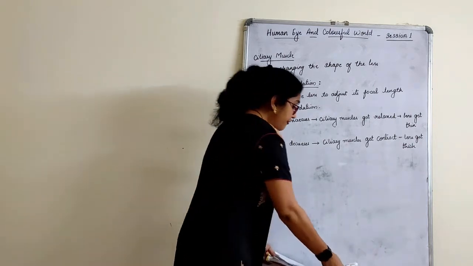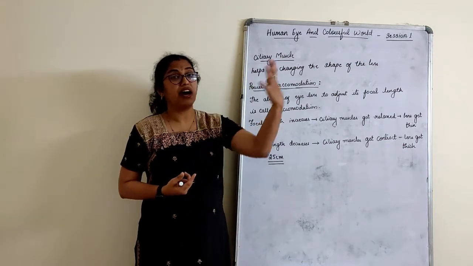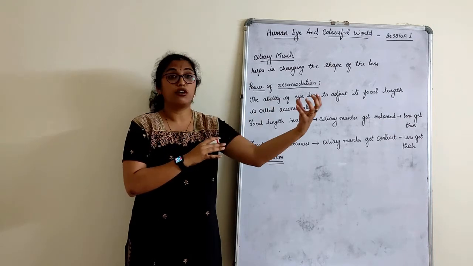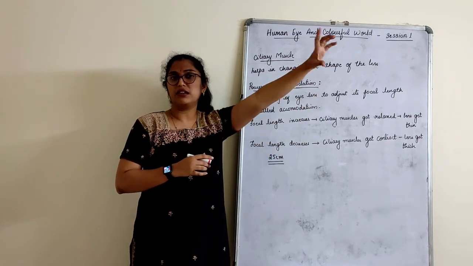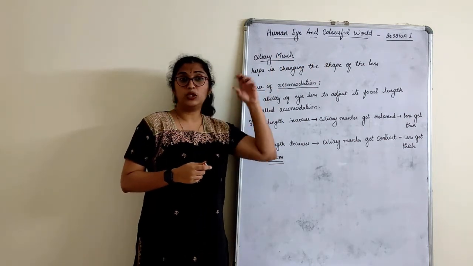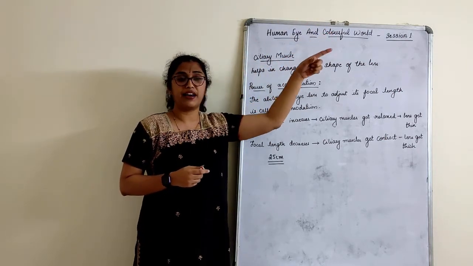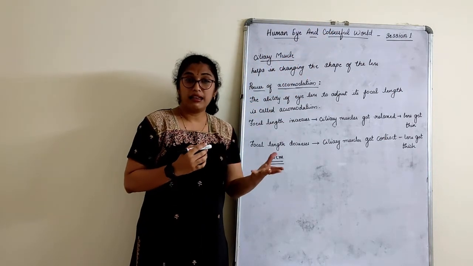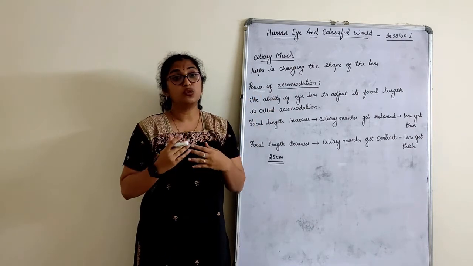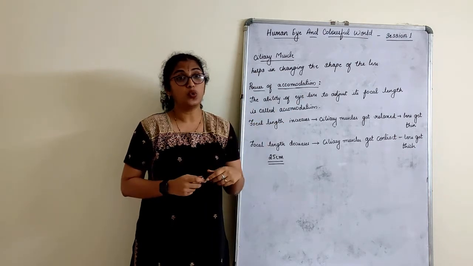Now why is this termed infinity? Because any far away object we can see, but clearly I might not be able to tell what it is. If you stand on your terrace, you can locate far away things, buildings which are very far, but you can't tell the color, texture, each and every part, but still you can locate them. So normal vision is from 25 centimeter to infinity.